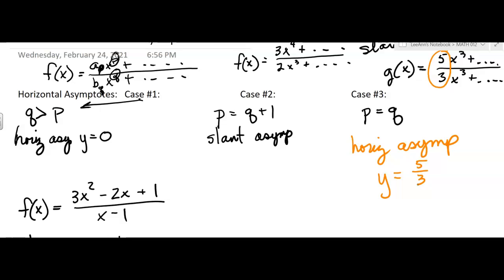Either P is less than Q, or the degree of the denominator is greater than the degree of the numerator, or in case 2, the degree of the numerator is just 1 more than the degree of the denominator, or in case 3, the two degrees are the same. And so those are how you find the asymptotes. So you might want to put something like that on a little card to help you remember, because it's the three different cases. And sometimes it's hard to remember that.